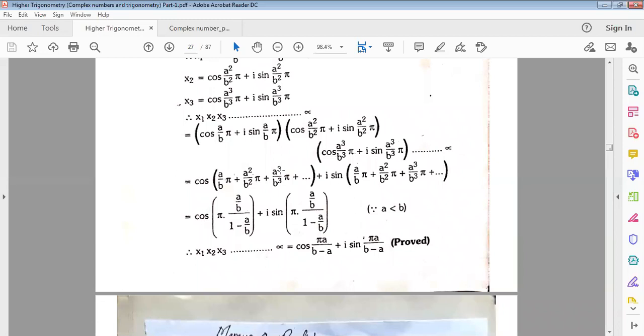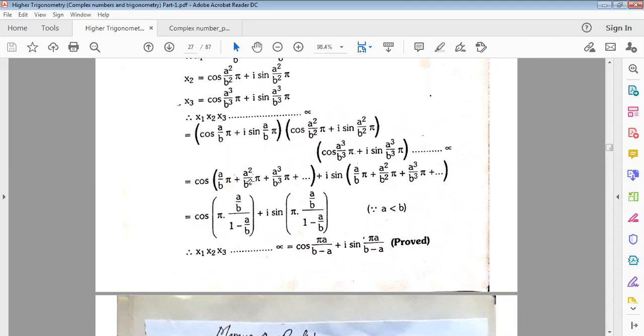Then this term is a geometric progression, an infinite series. The result will be first term divided by 1 minus common ratio. Common ratio how will we find? Second term divided by first term will give the common ratio, or third term divided by second term will give the common ratio.